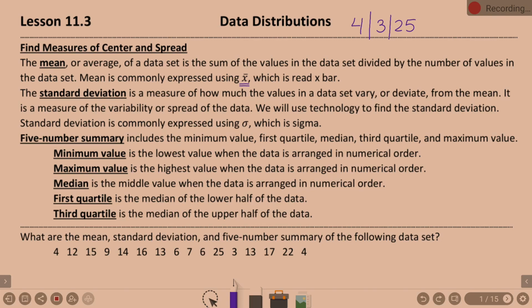It's one of those things every scientific calculator is going to do. Every scientific calculator is going to be a little bit different, though. And it's not the easiest thing to do on the calculator. So, standard deviation is commonly expressed using sigma. Looks like a little lowercase o, but it's the lowercase sigma.